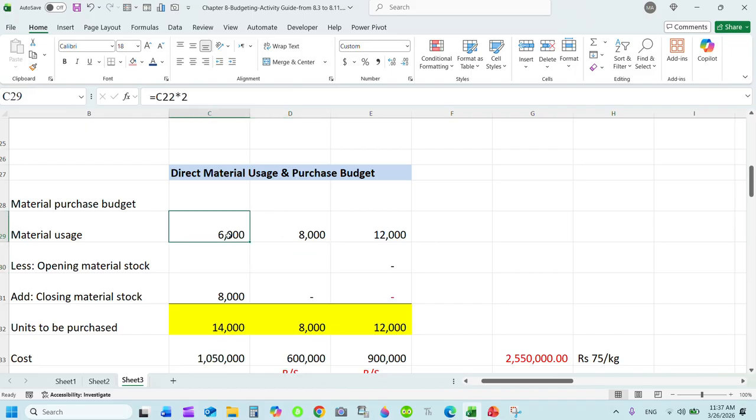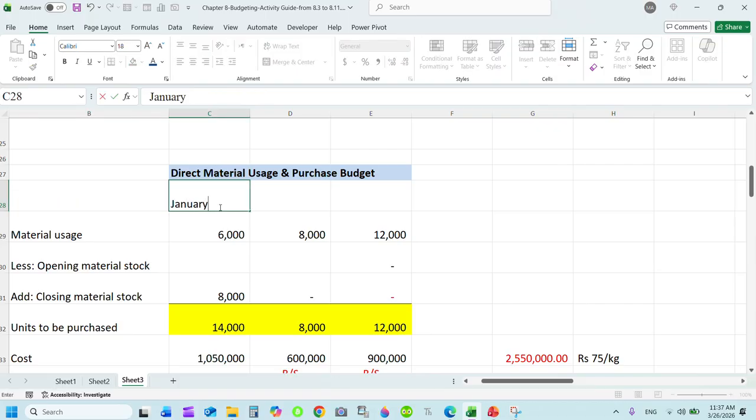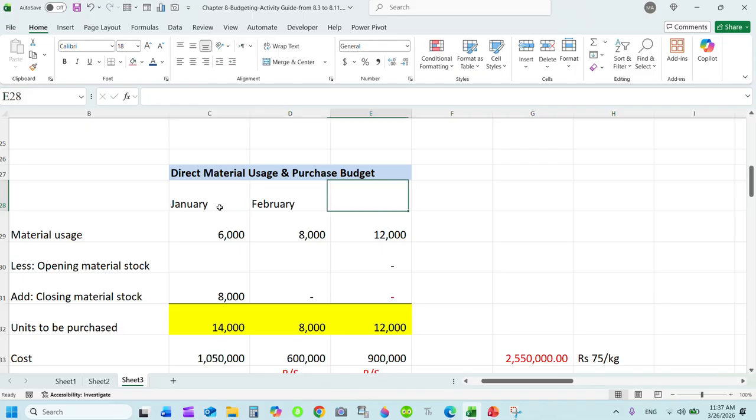As far as January is concerned, for you to meet the production requirement, you need to purchase 6,000.